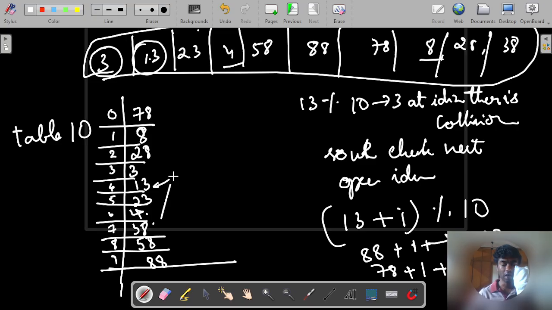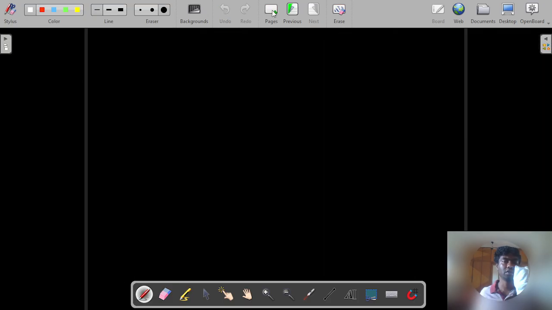So we have quadratic probing or quadratic hashing, which will slightly improve the clustering or move the values a little to the far index positions. Quadratic probing.